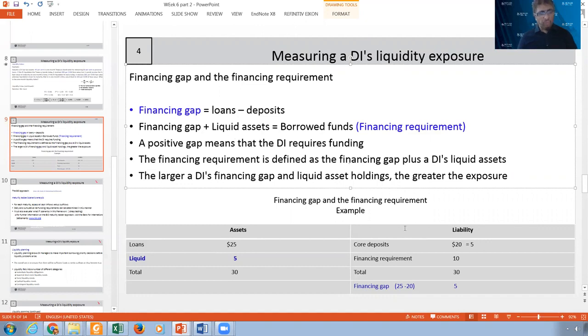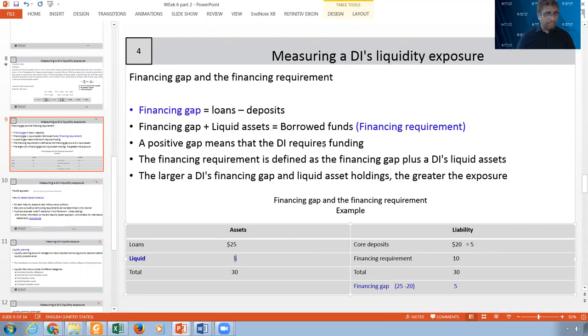Now when I want the financing requirements, I will have some type of liquid assets. So actually I need to add my liquid assets to the financing gap. My financing requirements now, which is a new term and which is what I need to borrow, will cover the financing gap, which is the difference between the two, plus the liquid assets I wish to hold, because I need to have liquid assets.